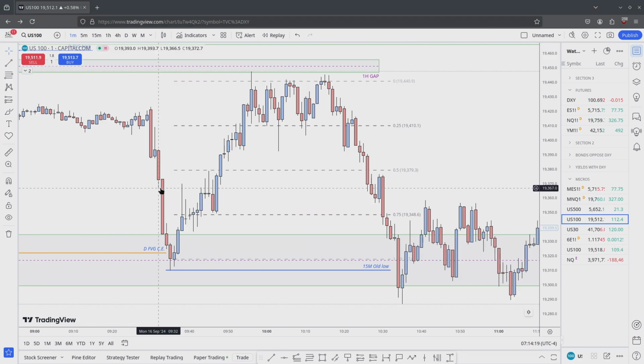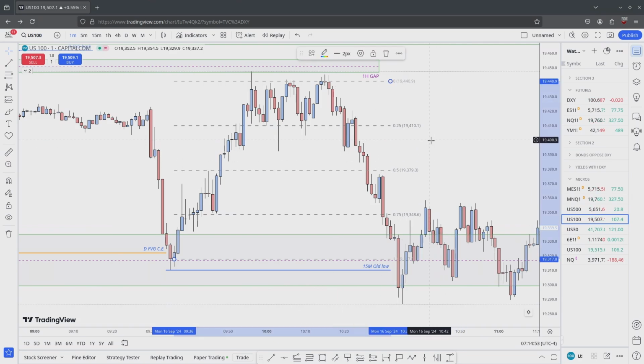So with an inversion, you can take the high, consequent encroachment, or the low. High was traded there. Consequent encroachment lines up with 75% of this range, 25% of the range, doesn't matter. Just about lines up with this. Traded it there. The low was traded there. So there's that.